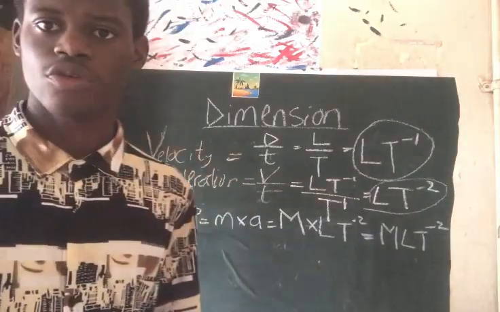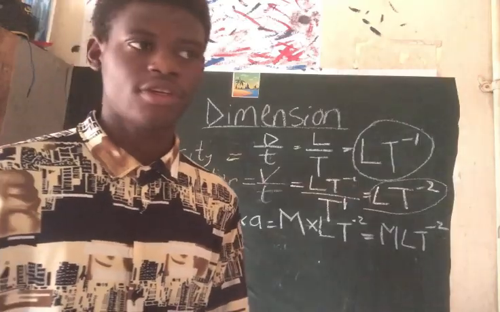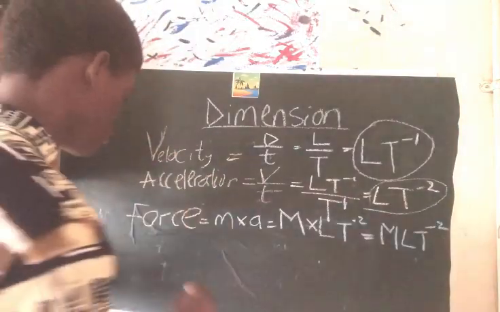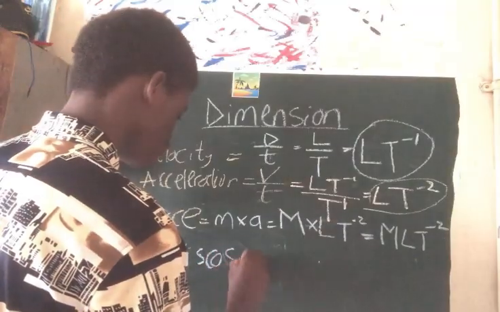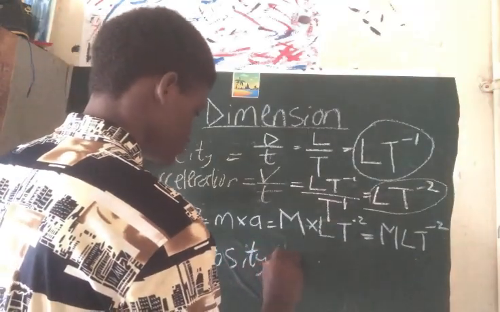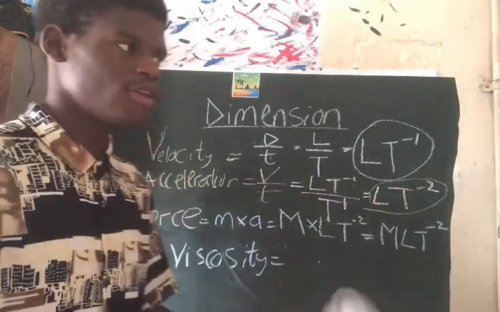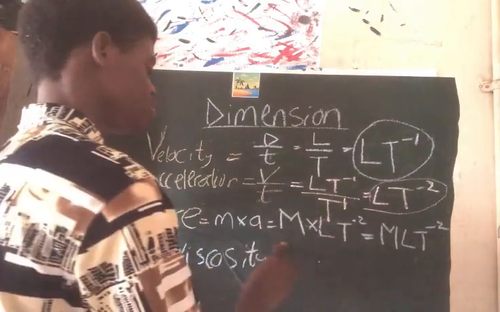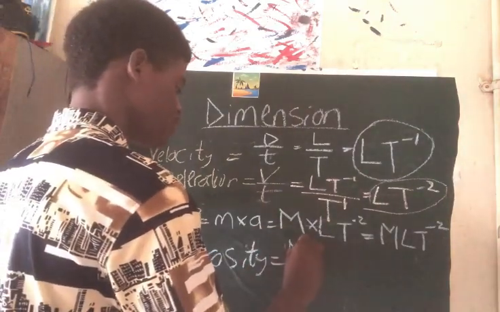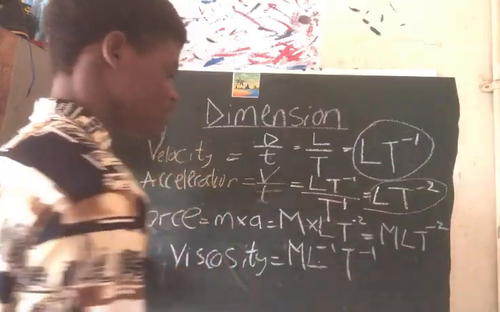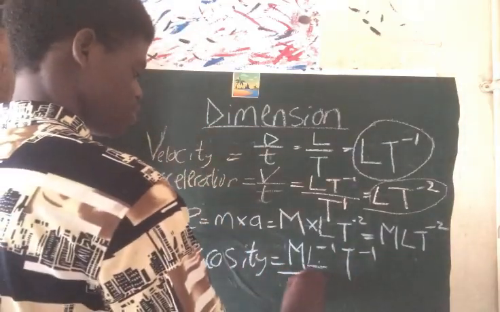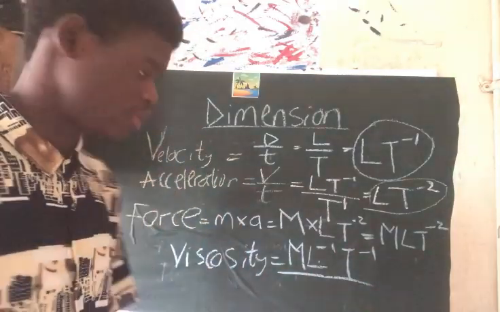There are also lots more. For viscosity, also know viscosity offhand. This one comes out in tests, but they will give it to you in a very tricky way. But just know that the dimension of viscosity is M L raised to the power minus 1, T raised to the power minus 1.